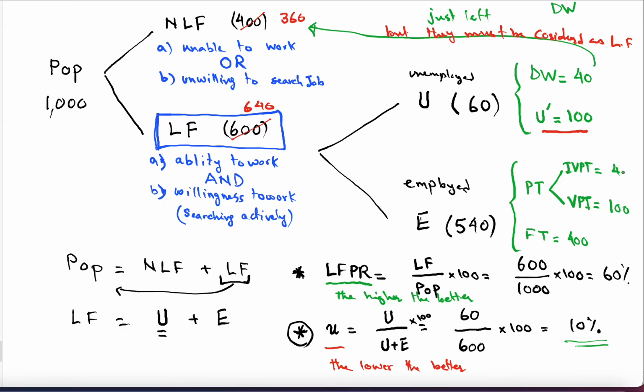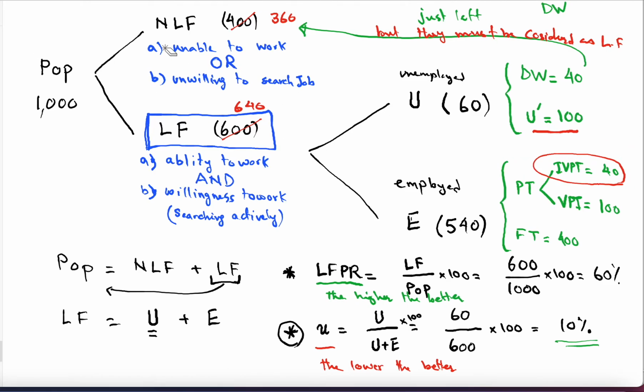And these are, according to 40 plus 100 plus 400, 540. Some economists are saying that these people should be counted here rather than, for now forget about the discouraged workers. Actually, let me connect the arrow here. This should be considered as unemployed.